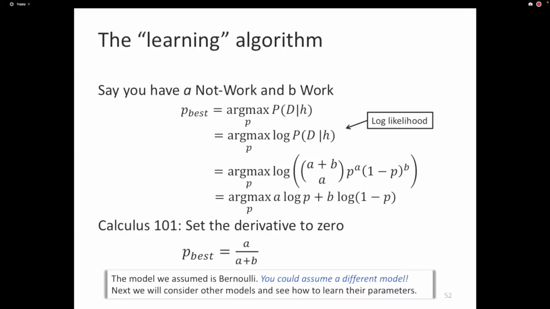Here, we have made an assumption that the data, in this case the number of light bulbs that work and don't work, is generated by independent Bernoulli trials. So every time we need to apply Bayesian learning, we need to make that assumption. It's possible that the assumption is wrong. It's possible that it has no bearing on reality, but that's the game that we are playing.